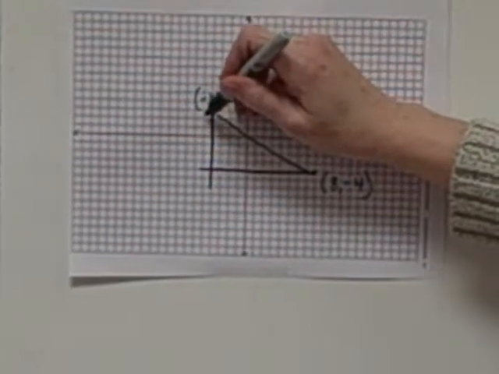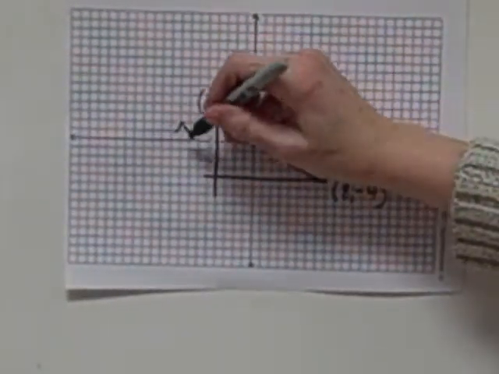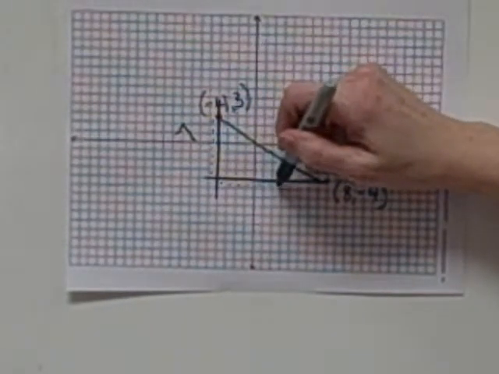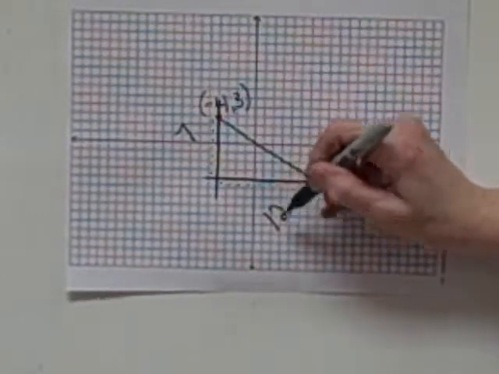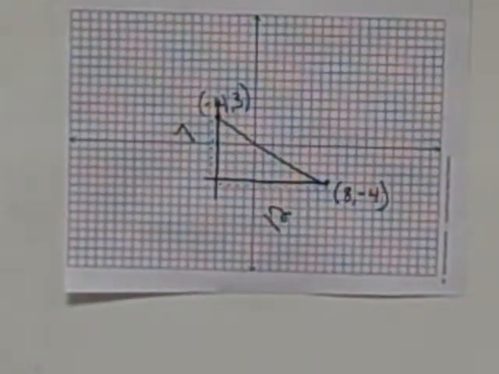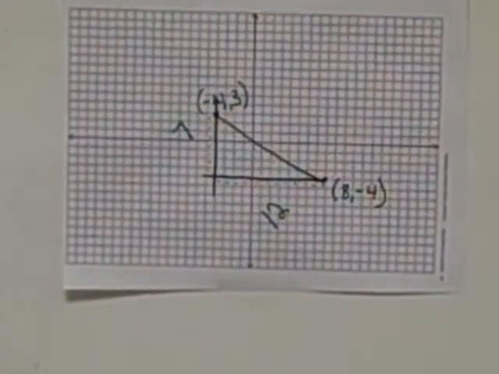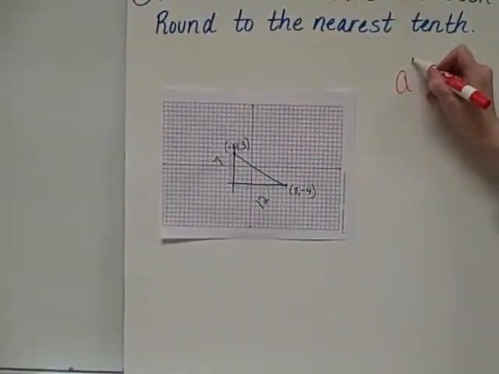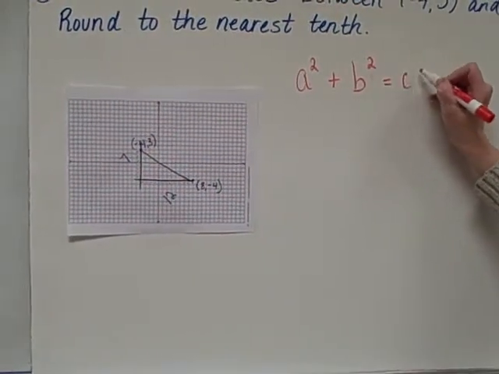My sides measure 1, 2, 3, 4, 5, 6, 7 units for the vertical, 1, 2, 3, 4, 5, 6, 7, 8, 9, 10, 11, 12 units for the horizontal. So the process is the same. I'm going to take the Pythagorean theorem, a squared plus b squared equals c squared.